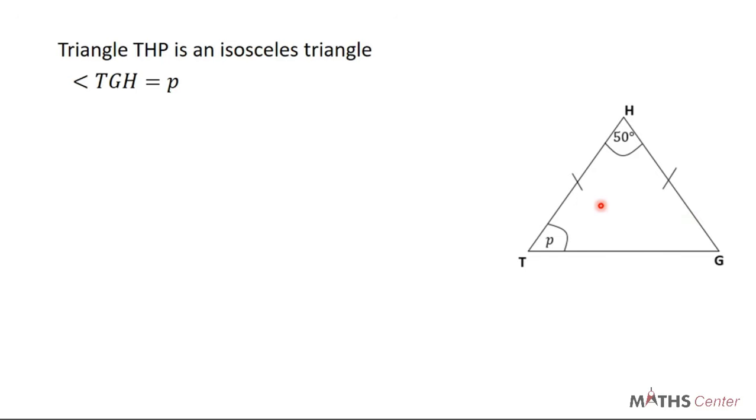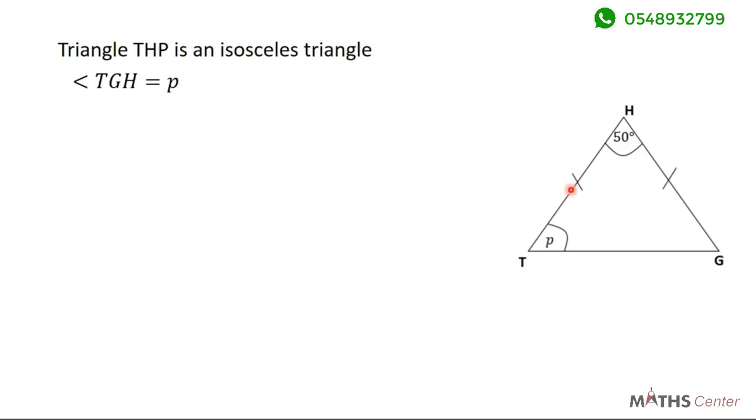One thing that we've learned about isosceles triangles is that if two sides are the same, then the angles formed at the base of these two sides are also the same. So if this angle is P, then we can say that angle TGH will also be P. So you see, we've used the property to find the angle that is here.